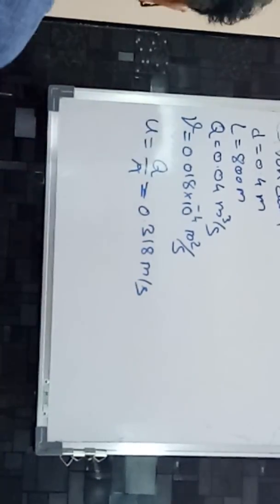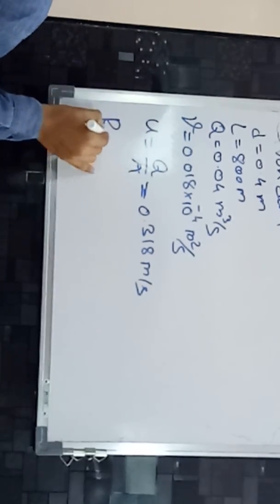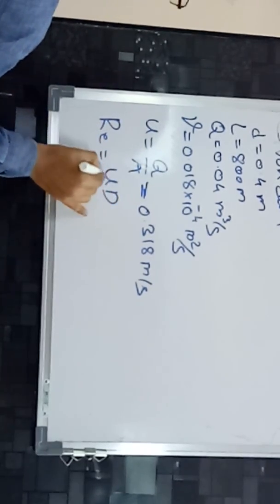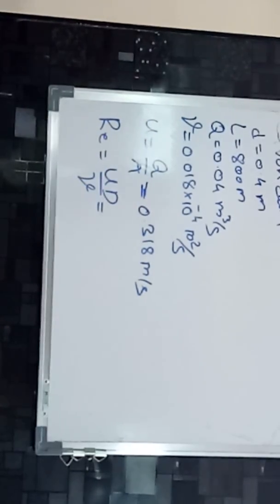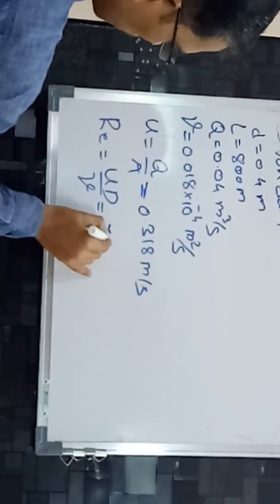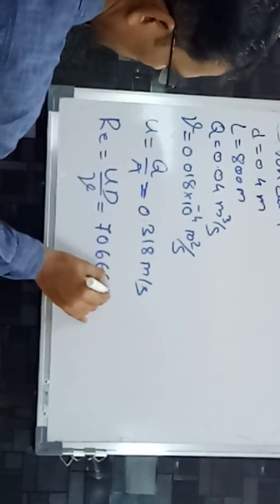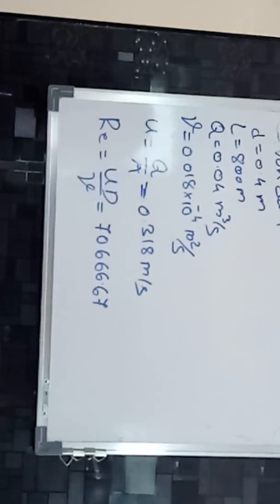Second, the Reynolds number, RE value, UD divided by kinematic viscosity. So this U, you substitute, so you will get 70123.67. Ultimately, a Reynolds number is more than 4000. It means what? This is turbulent flow.